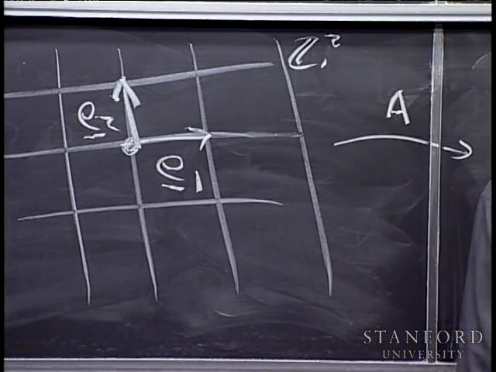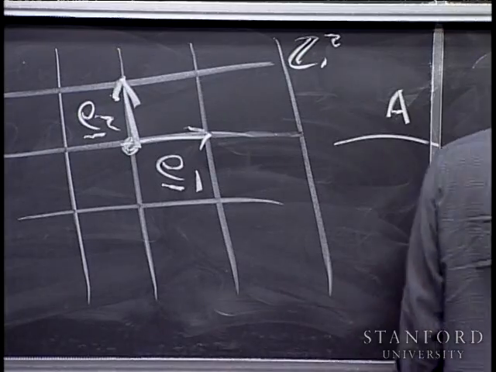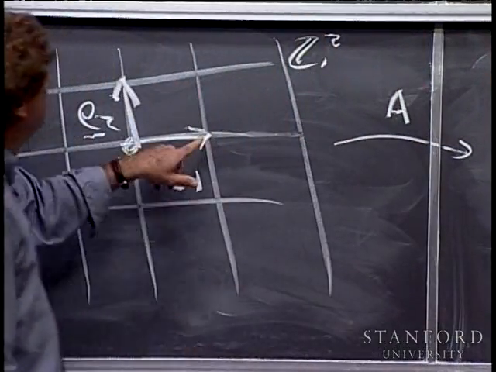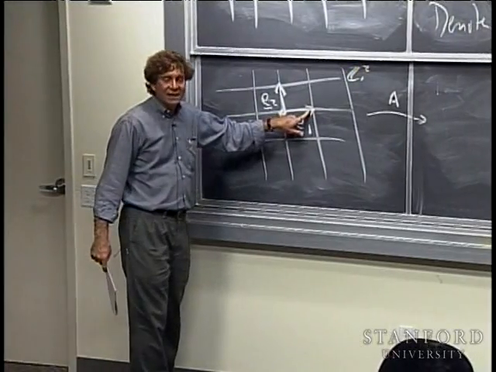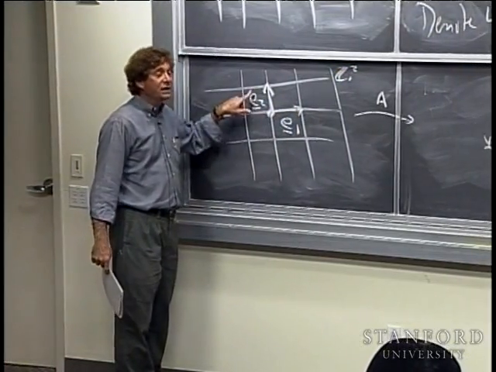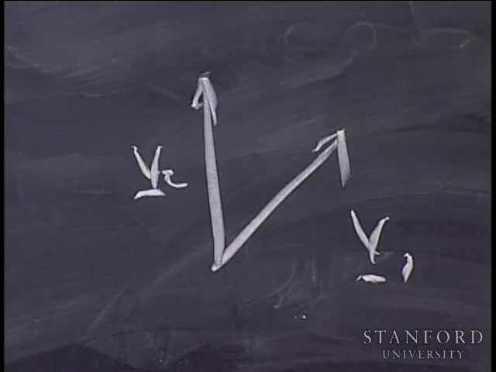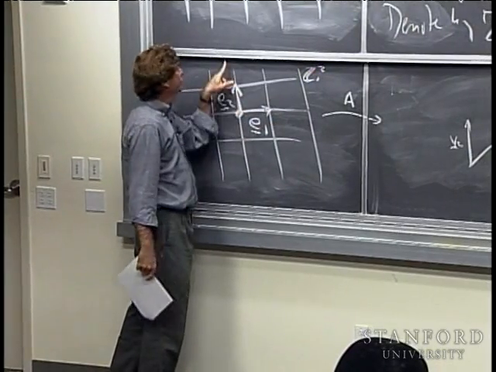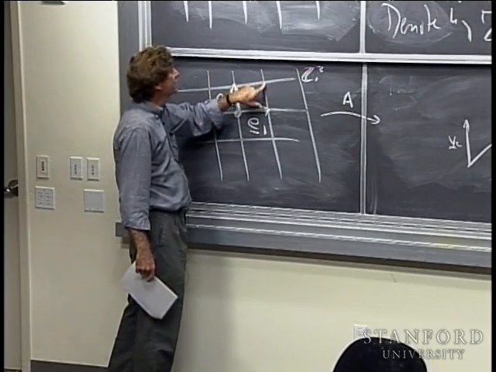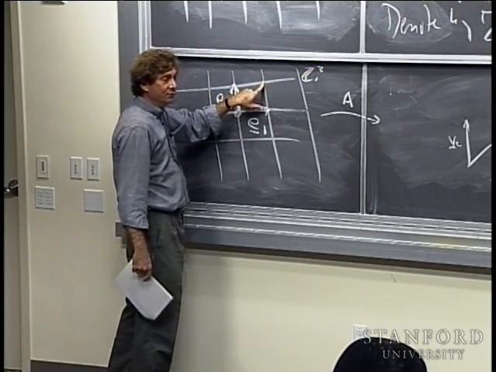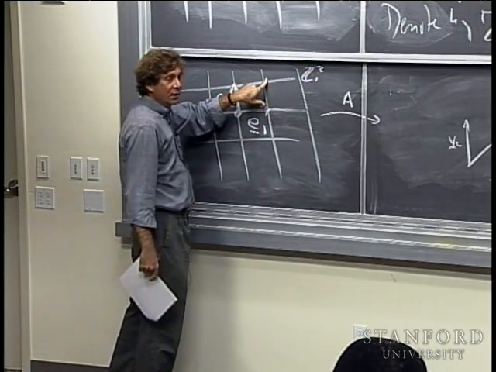Now all the points in the integer lattice are just integer combinations of these basis vectors. If I want to reach the point 2 over here, I just take 2 times e1. If I want to reach the point 2 up here, I take 2 times e2. If I want to reach this point, I take e1 plus e2, 1 times e1 plus 1 times e2, and so on.